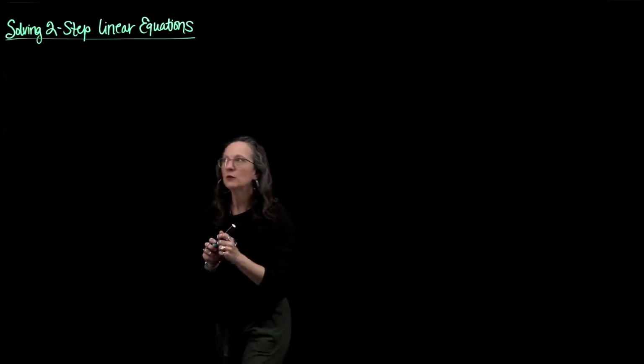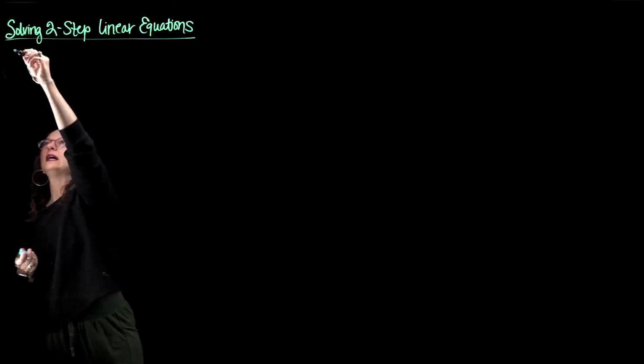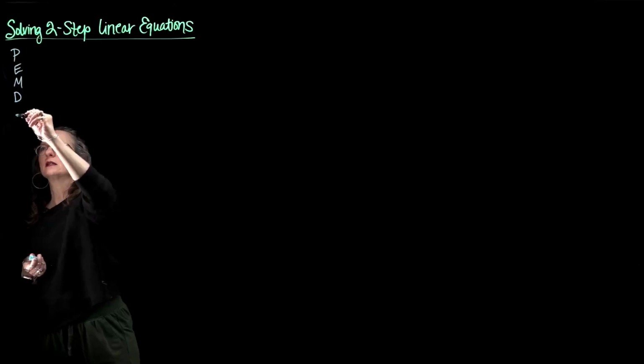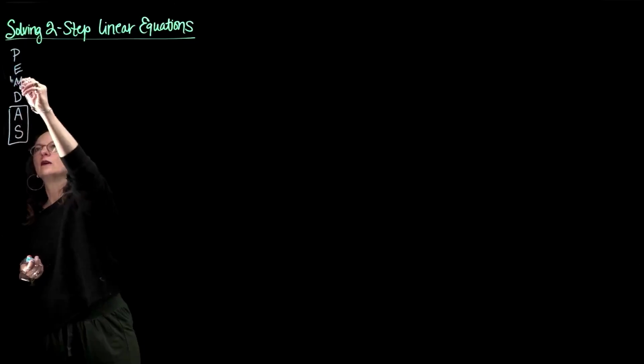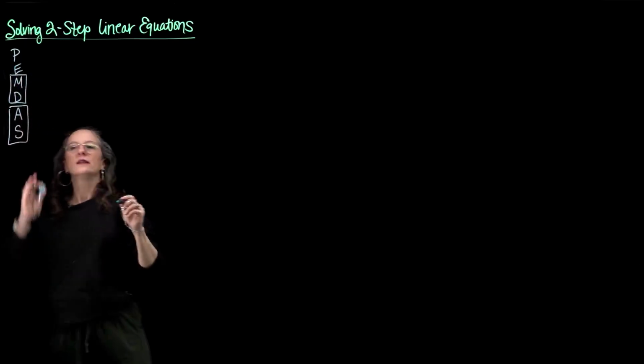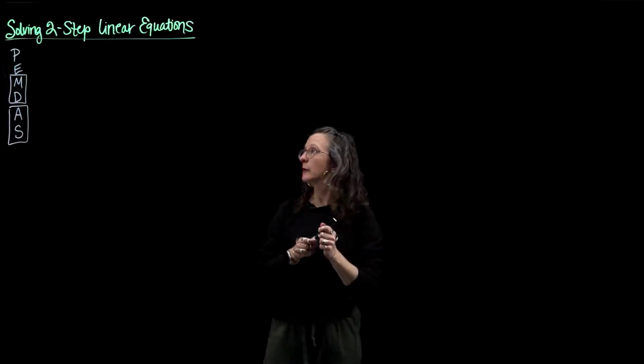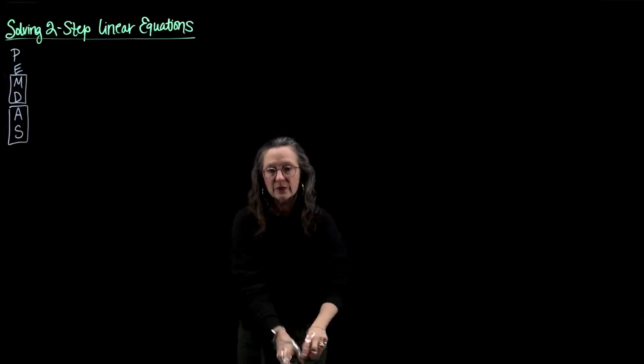So I want you to remember, think back a long ways to when we talked about order of operations. And we talked about the sequence in which we are going to evaluate an expression. And remember, we had rules for that.